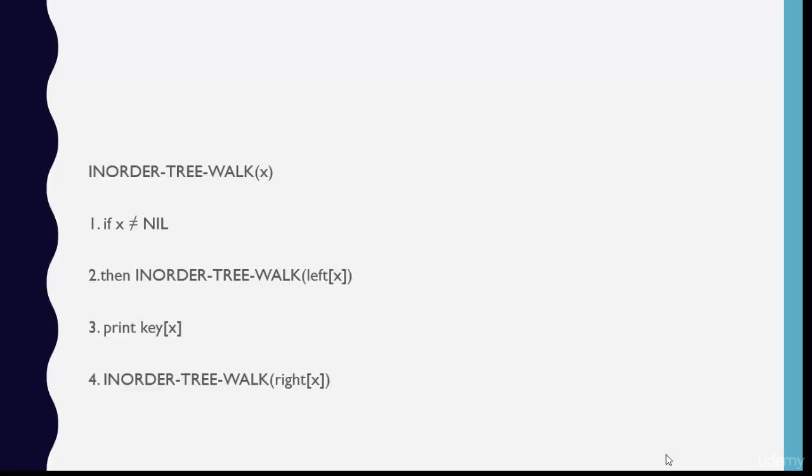And then we print key of x. You print that root element, the topmost element of that subtree, and then again recursively call the in-order tree walk function, giving as parameter the topmost parent node of the right subtree, which is right of x.